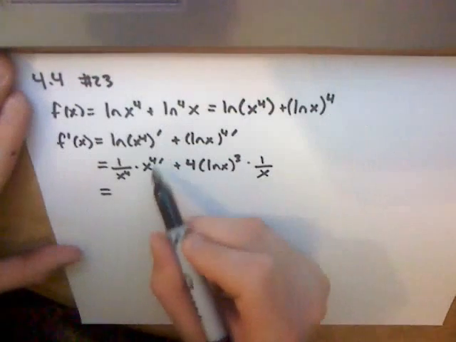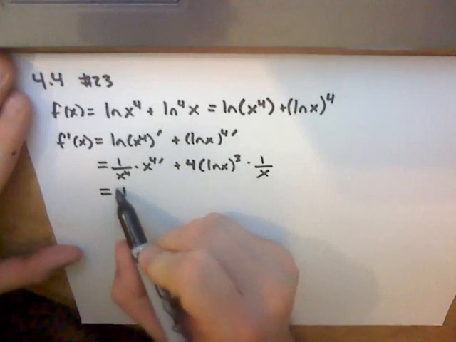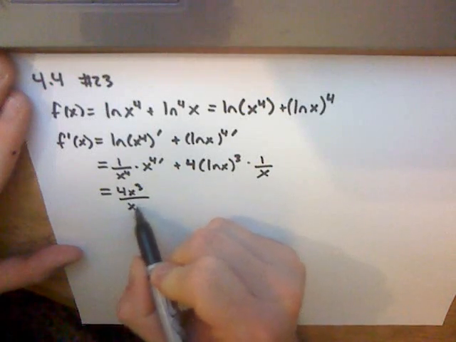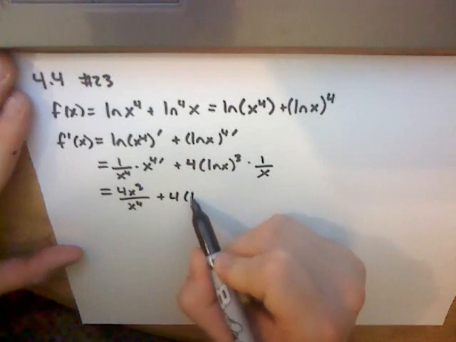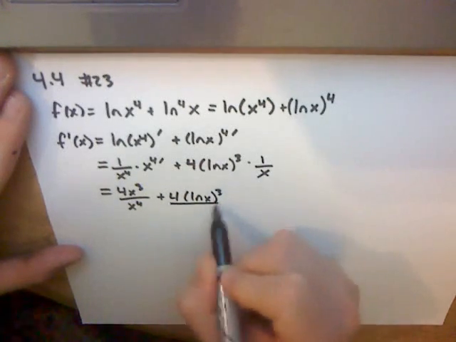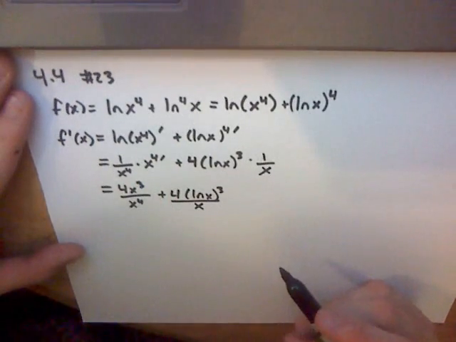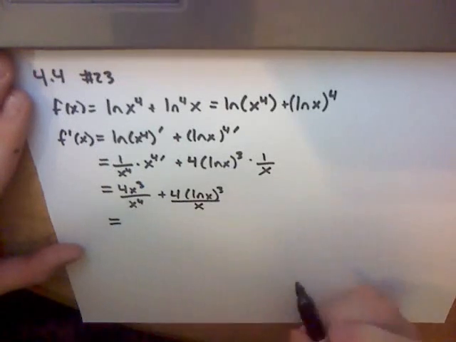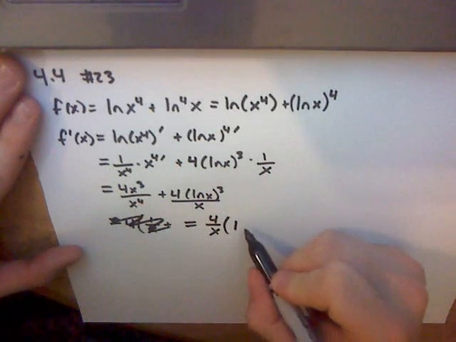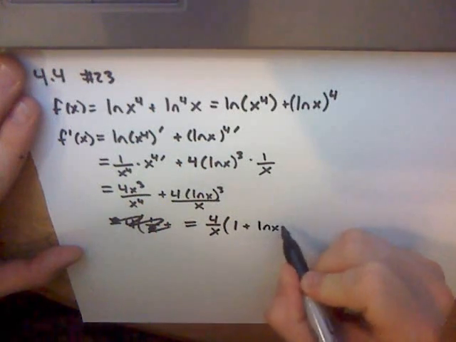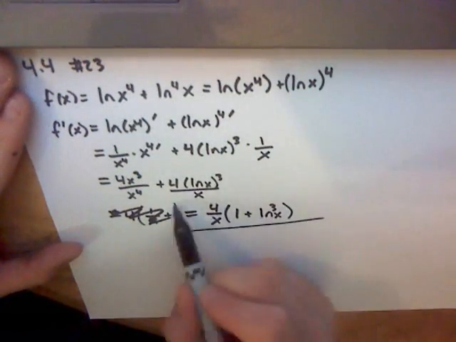So the derivative of x to the 4 is 4x to the 3. So we have 4x to the 3 over x to the 4 plus 4 ln x cubed over x. Of course, we can do some cancellation. 4 over x can be pulled out, so we just have 4 over x times 1 plus ln x to the 3. And that is our answer.